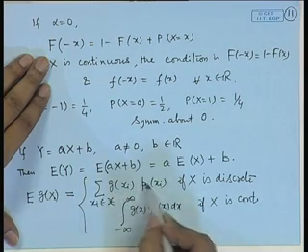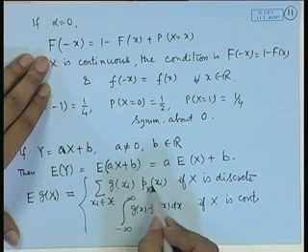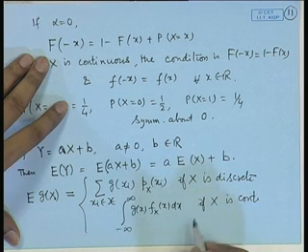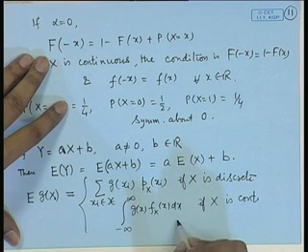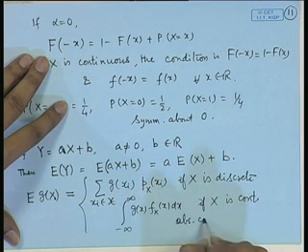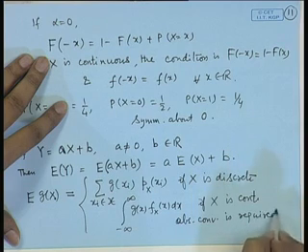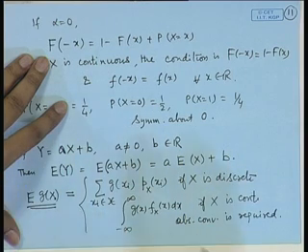The definition is subject to the condition that this summation or this integral must be absolutely convergent. So, absolute convergence is required in order that this expectation of g(X) is well defined.